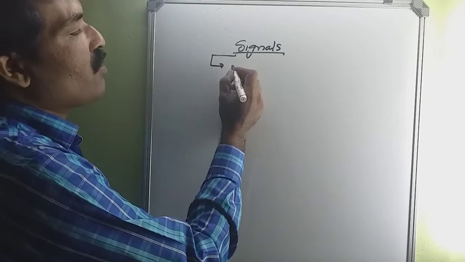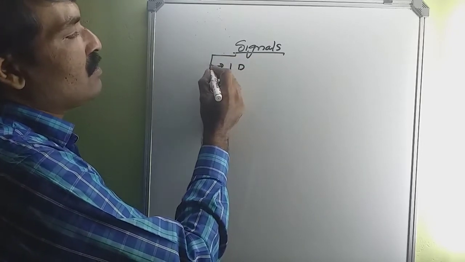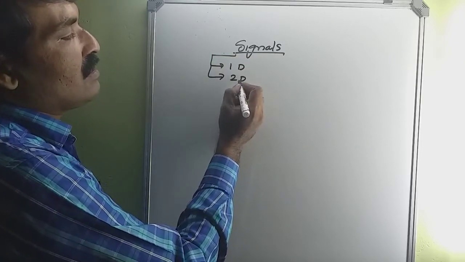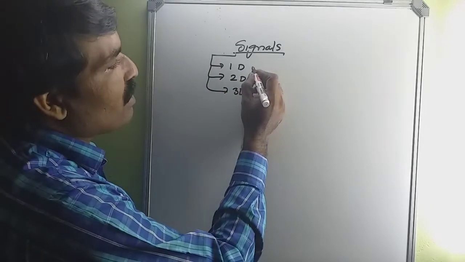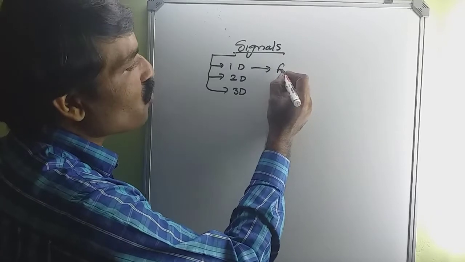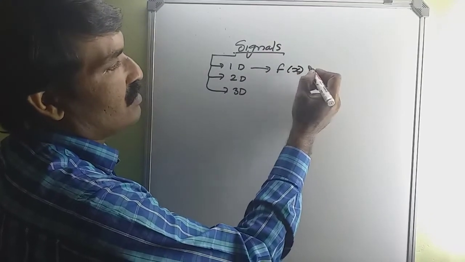Signals may be one-dimensional, two-dimensional, three-dimensional, etc. A one-dimensional signal is a function of one variable.